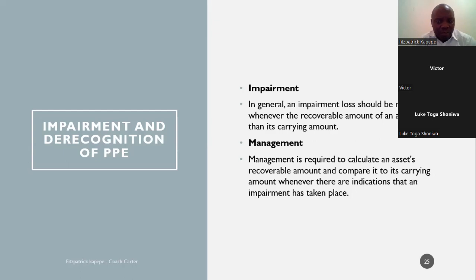Management is required to calculate an asset's recoverable amount and compare it to its carrying amount whenever there are indications that an impairment has taken place. This is why we look at IAS 36, the standard that looks at impairments.